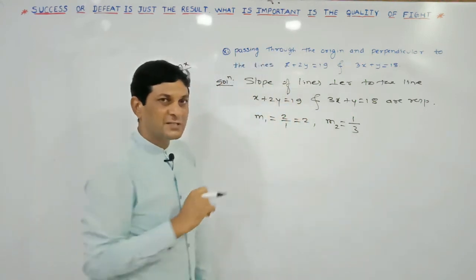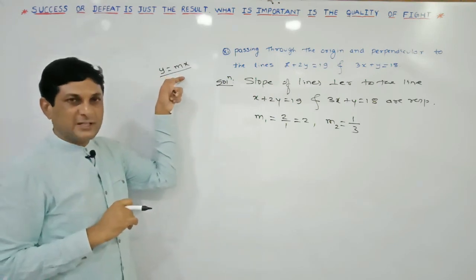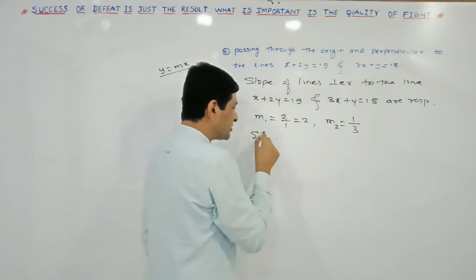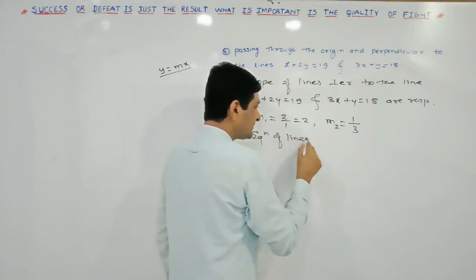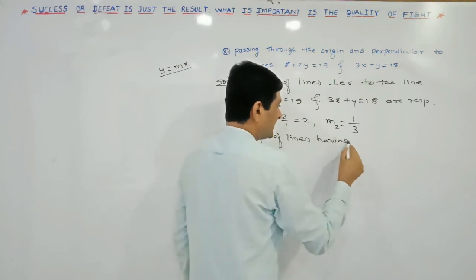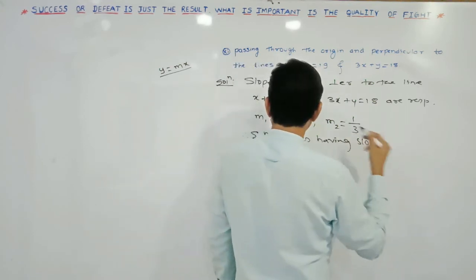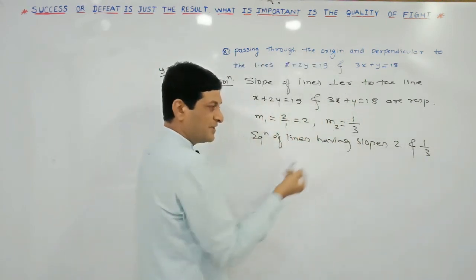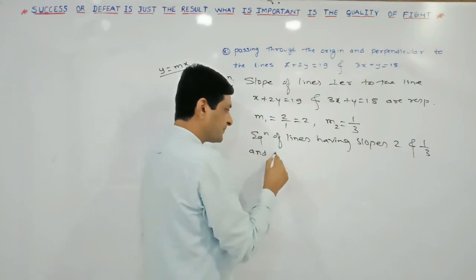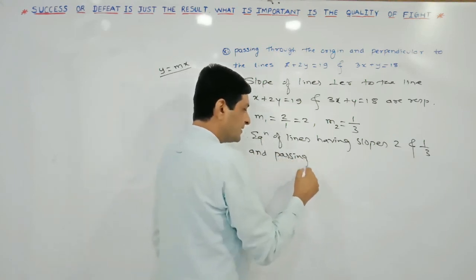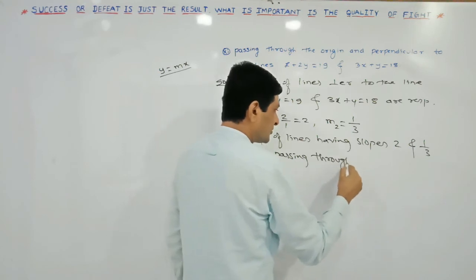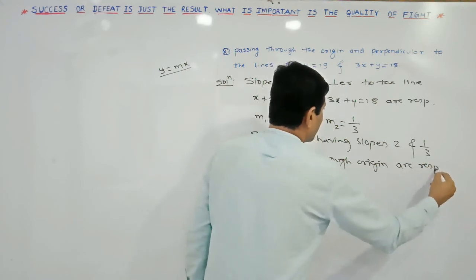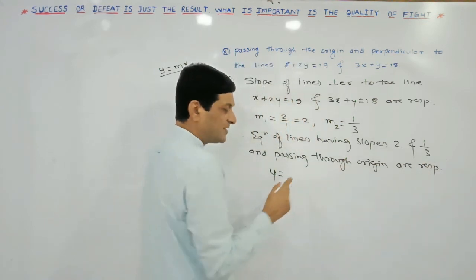So the slope is known to us, and since the line passes through the origin, this formula is applicable to find out the equation of the required line. So the equations of lines having slopes, what are the slopes here? 2 and 1 by 3, and passing through the origin, are respectively as follows. The equation of the first line is y is equal to mx.